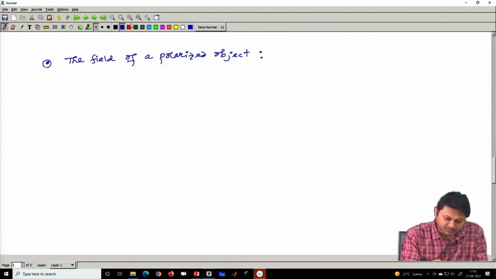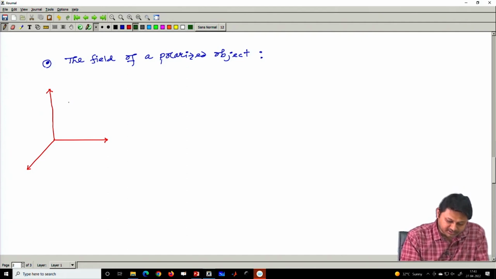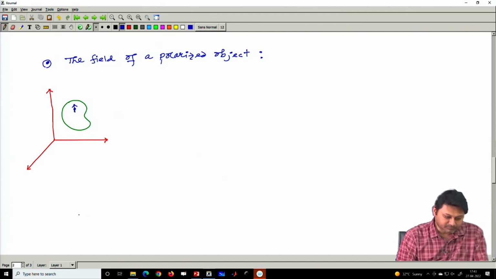So, suppose I have a coordinate system here like this, and a polarized object is sitting here, and it is characterized by a dipole moment, and this is the dipole. Normally this is the way we define a dipole, and polarization is eventually dipole moment per unit volume.